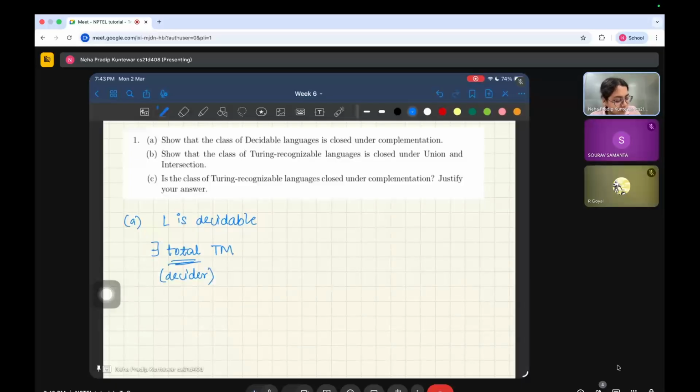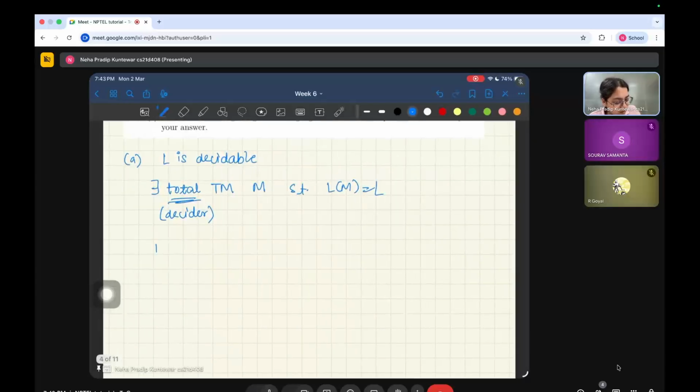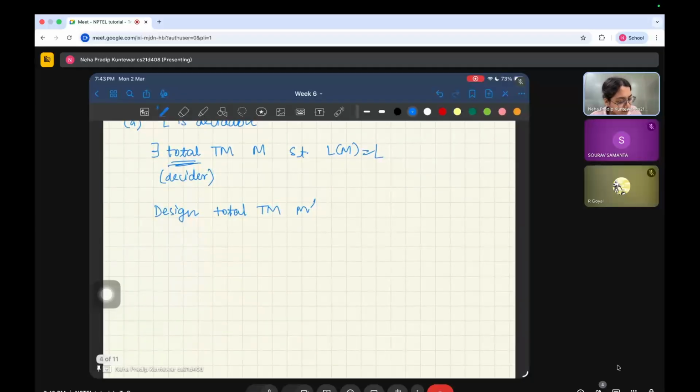There is a total Turing machine M such that L of M is equal to L. Then what you can do is you come up with another total Turing machine M prime, where let's say Q, sigma, delta, QS, QA, QR. Then what is M prime?